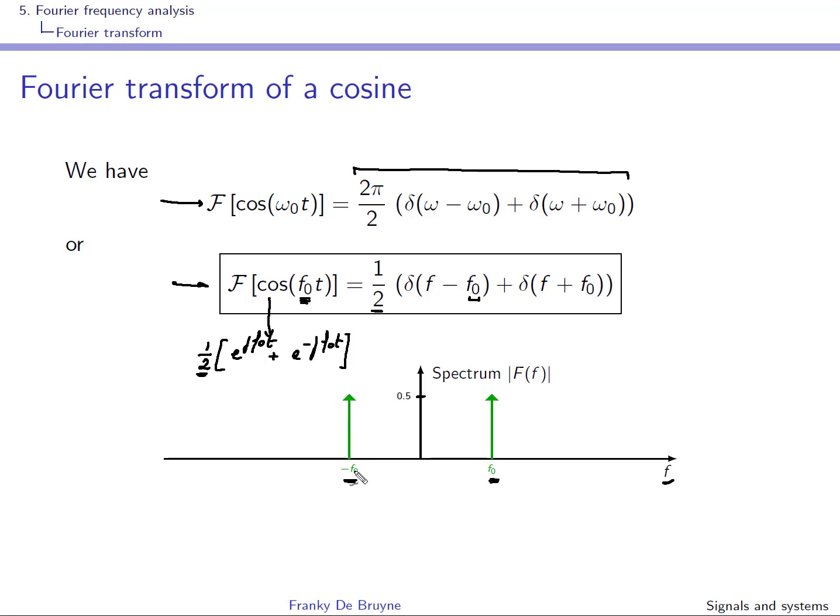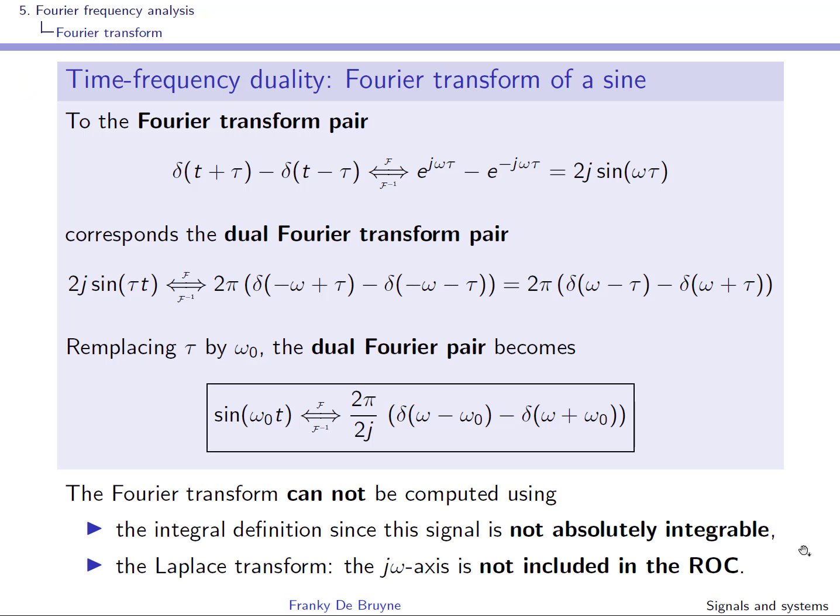You can see this very clearly in the second animation that shows that a cosine can be obtained by the vector sum of two phasors and then multiplying by a half. So now we can obtain the Fourier transform of a sine only with a few changes.